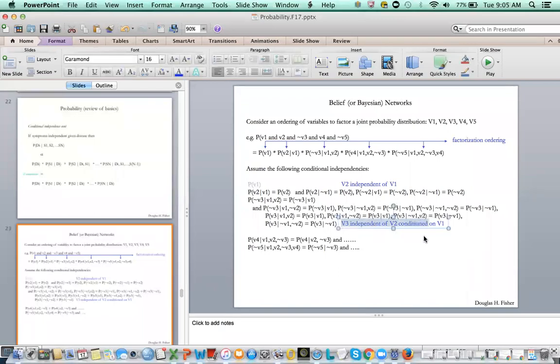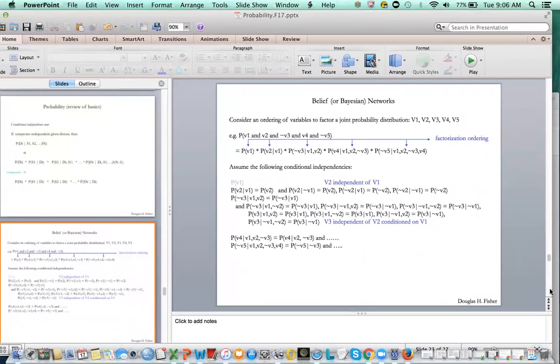V3 is conditionally independent of V2 given V1. So if I know the value of V1, that may inform the probabilities for the values of V3, but if I know V1, V2 adds no additional predictive power. And I can continue with other examples there.